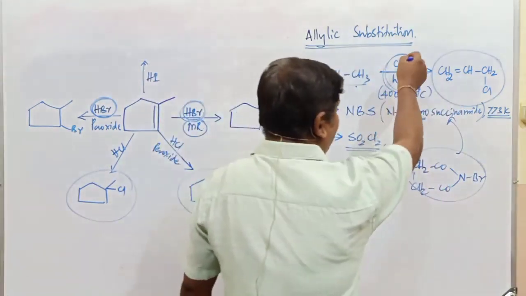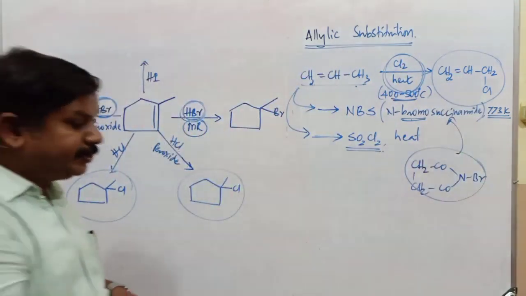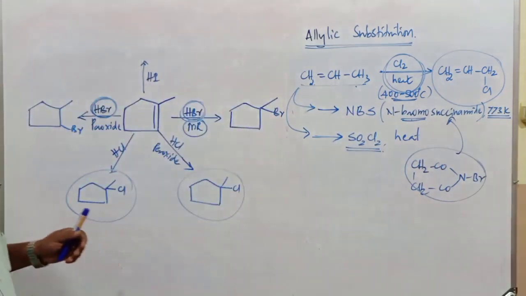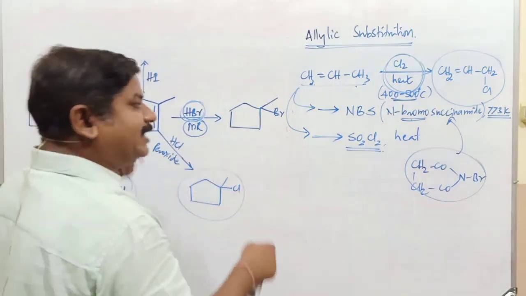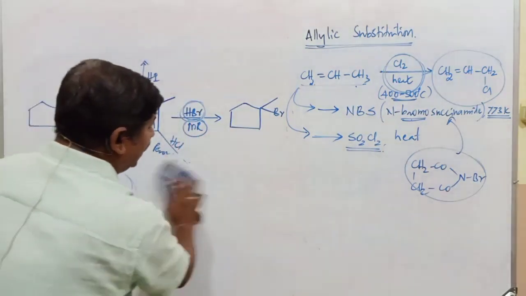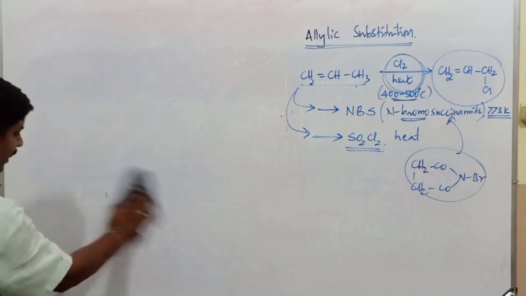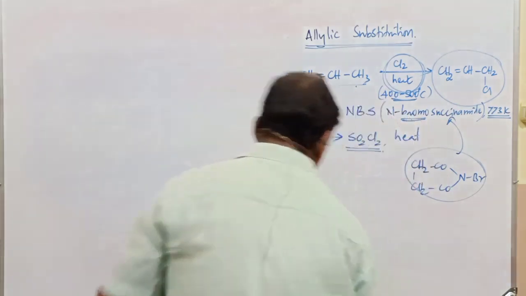Or you can add any halogen at this temperature, and the same type of allylic substitution takes place. So students, these are some methods of preparation of haloalkanes from alkenes as well as, previously, alkanes. By using these alkenes and alkanes, it is possible to prepare a number of haloalkane compounds.